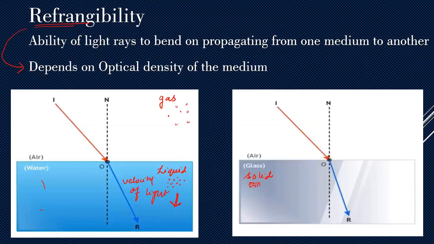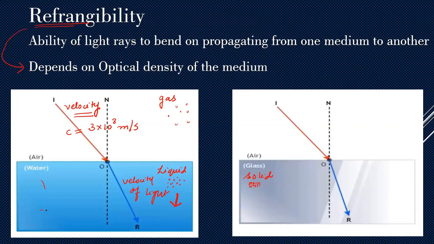The light is coming with a certain velocity, and we know light travels in air or in vacuum with a velocity of 3 into 10 to the power 8 meter per second. That is denoted by c, the velocity of light in air or vacuum. Both almost have the same value.